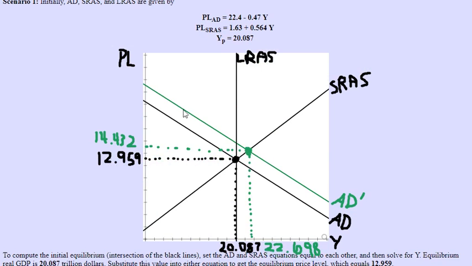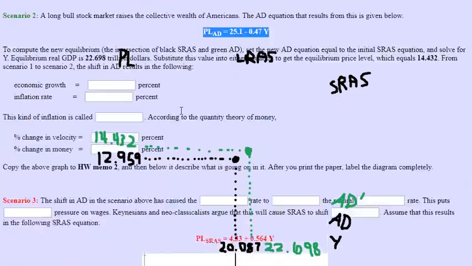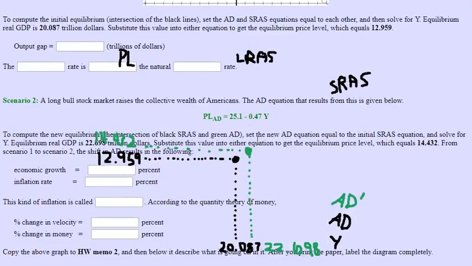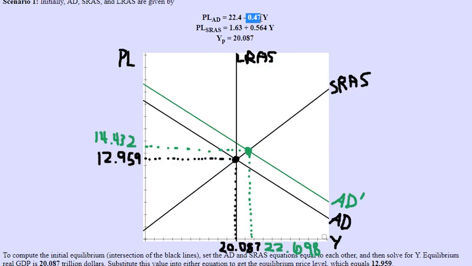So this is the new aggregate demand line that corresponds to that new aggregate demand equation. The value of the intercept is higher. It was 22.4. Now it is 25.1 right there. The slope has remained the same as it was before.